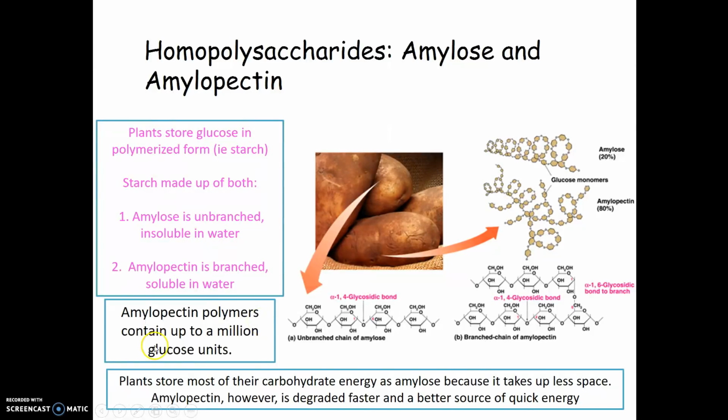This is how plants primarily store their energy for short-term use. And amylopectin degrades faster because of all of these branched chain structures, as opposed to amylose that would only have one reducing end. Amylopectin would have multiple reducing ends, one on each end of our amylopectin molecule.